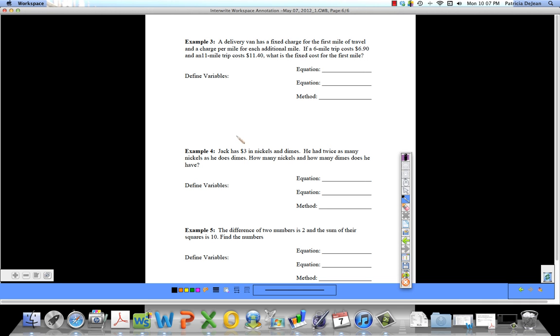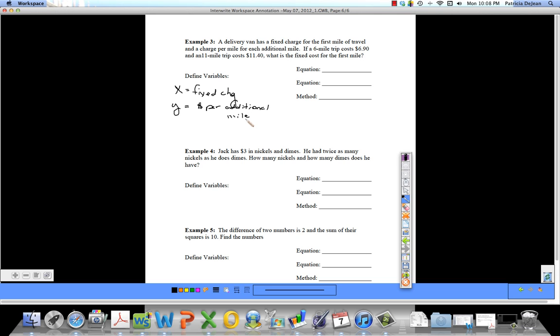All right, so you have a delivery van, has a fixed charge for the first mile of travel, and charge per mile for each additional mile. So X is your fixed charge. Okay, and Y is the dollar per additional mile.